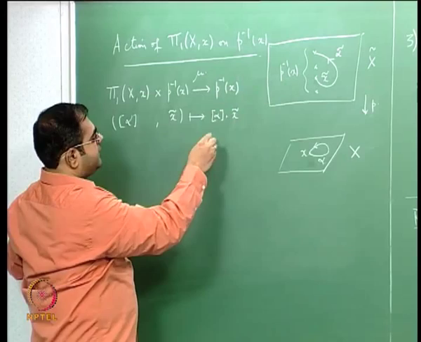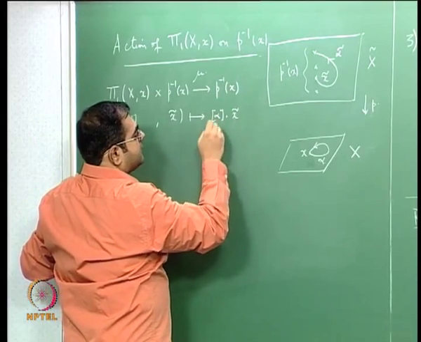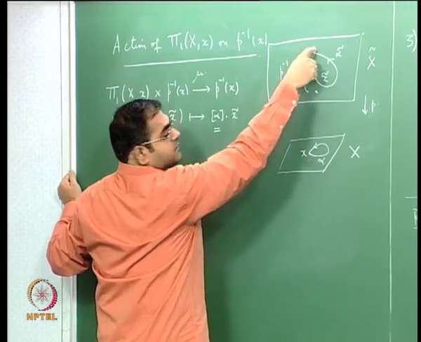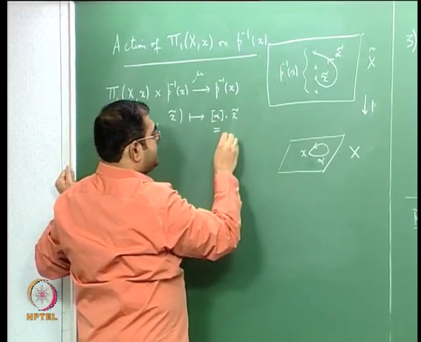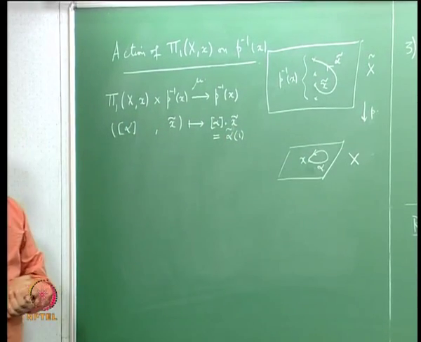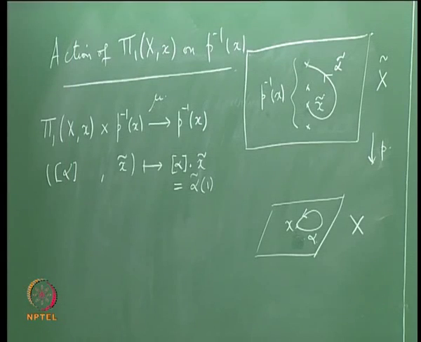So we define the new point, so we think of x tilde as going to this new point, and what is that new point? That is alpha tilde of 1, okay. That is the end point of the unique lift alpha tilde which starts at x tilde, okay.